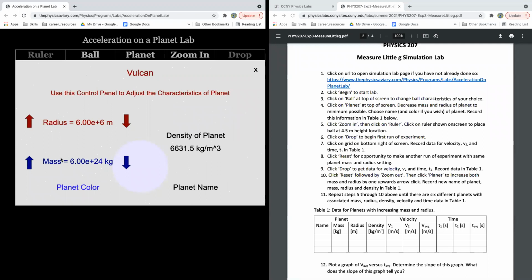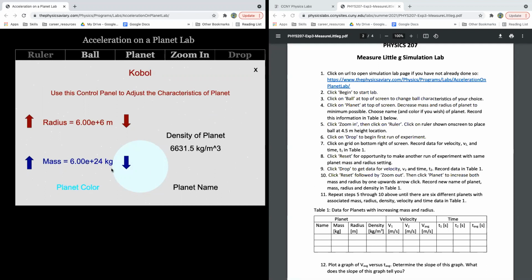You can change the radius, the mass, and the planet color, and the density is already given here, and the planet name. This is under the planet button menu, and then you can record the mass, radius, and density.